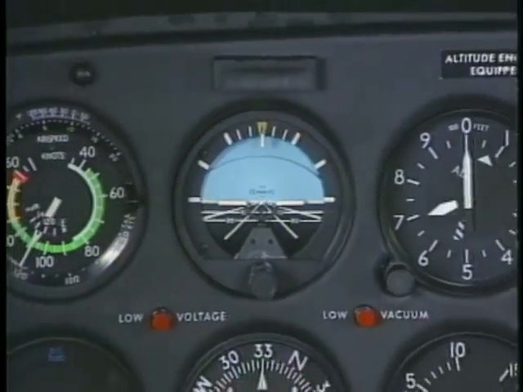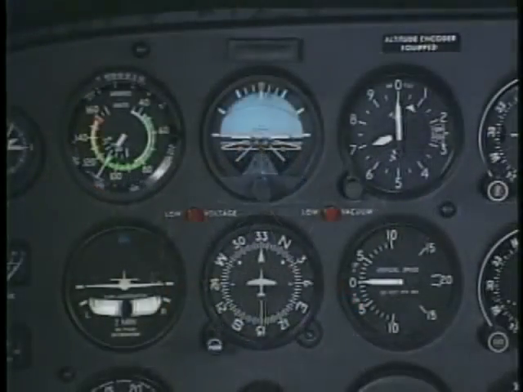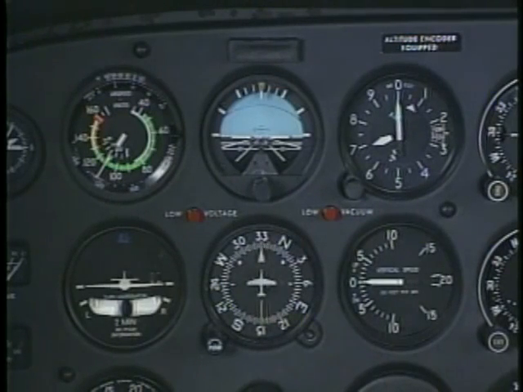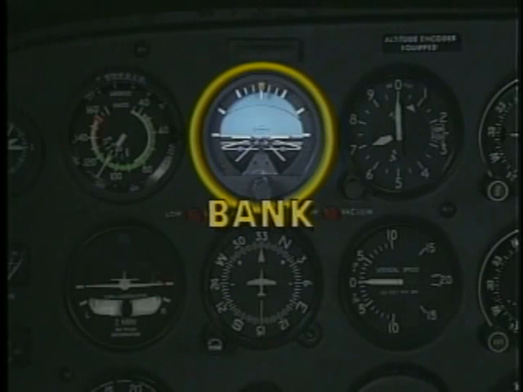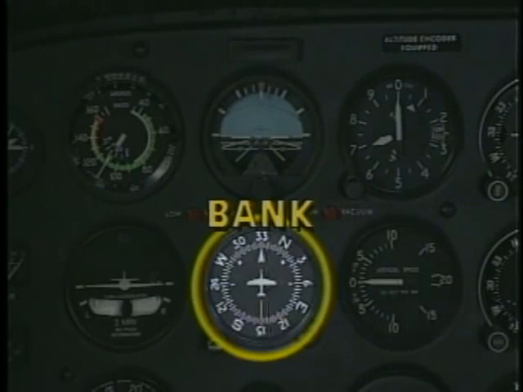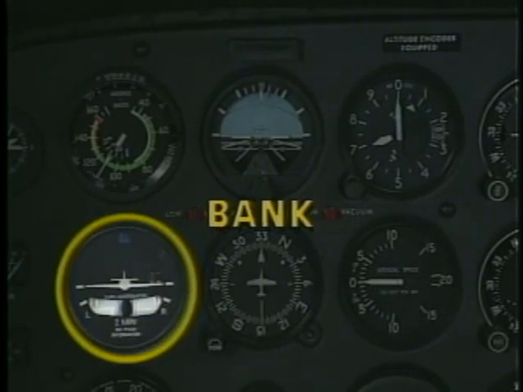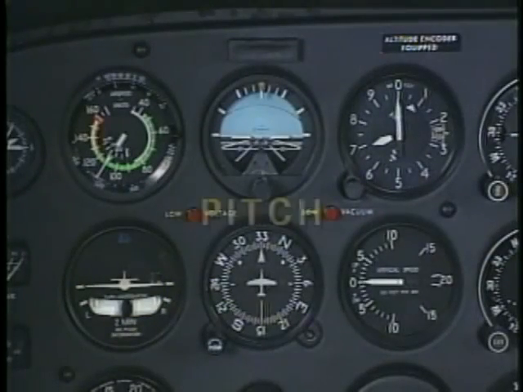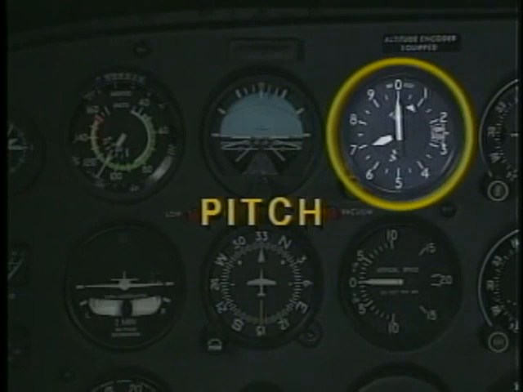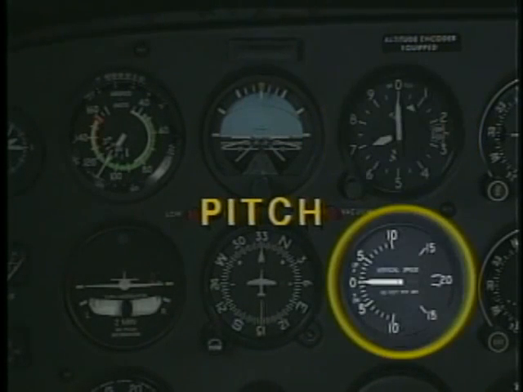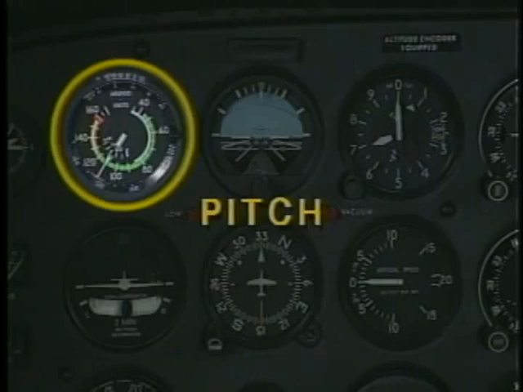Then scan the other instruments as needed for verification. For example, besides the attitude indicator, any change in bank is apparent on the heading indicator and turn coordinator. Pitch changes can be seen on the attitude indicator, altimeter, VSI, and airspeed indicator.